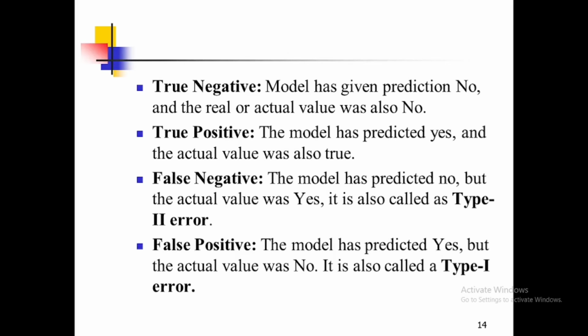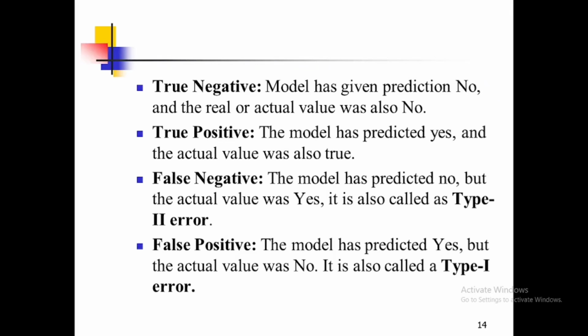So true negative means he is not having diabetes. True positive: the model has predicted yes and the actual value was also yes. That means the person is having diabetes and the predicted result is also yes, he is having diabetes. Then it is known as true positive.